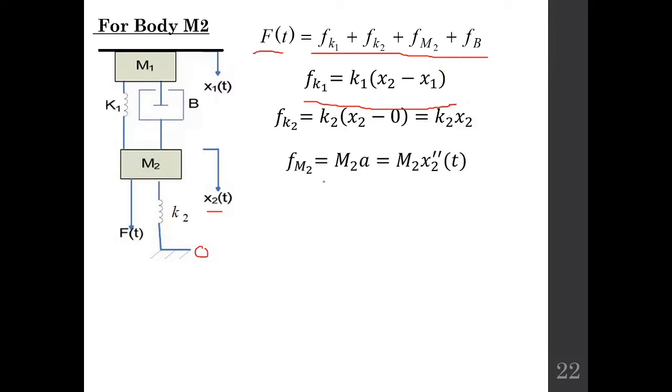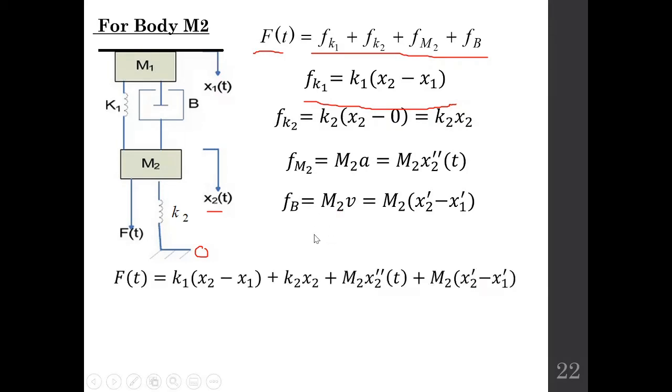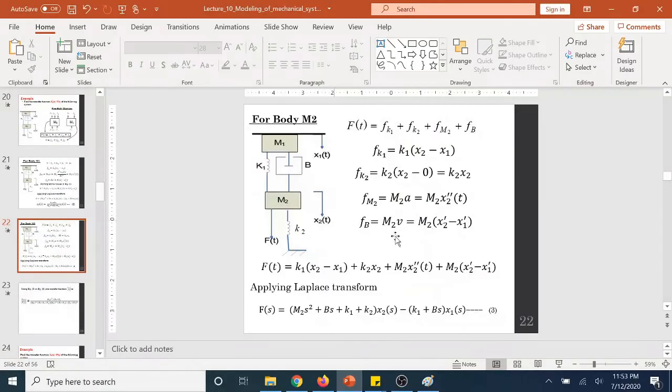The inertial force of this body is m2 into a, or m2 into x2 double dash, which is the displacement of this body m2. And then for this dashpot, it will be equal to, sorry, this is not m2 actually, this is b.